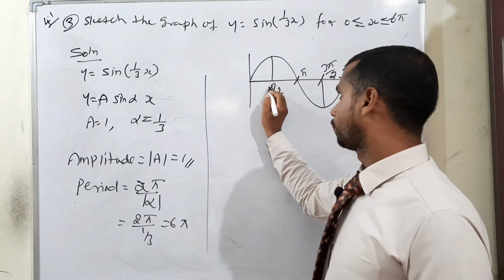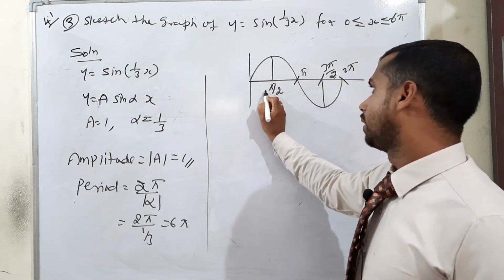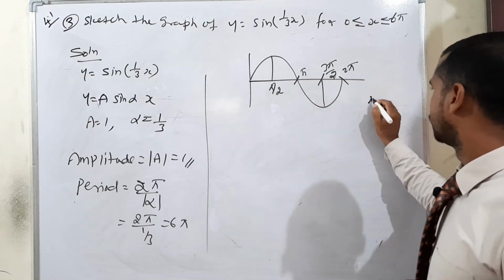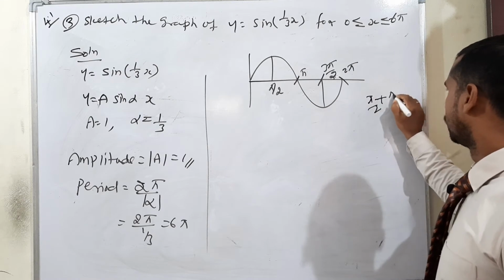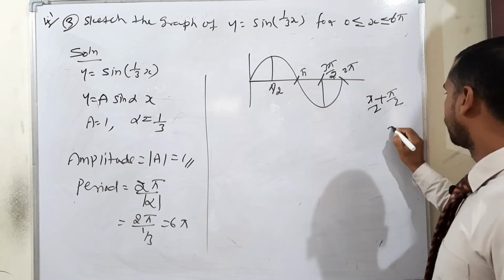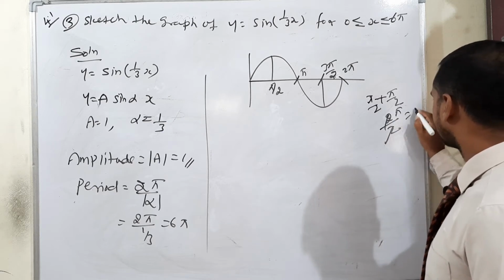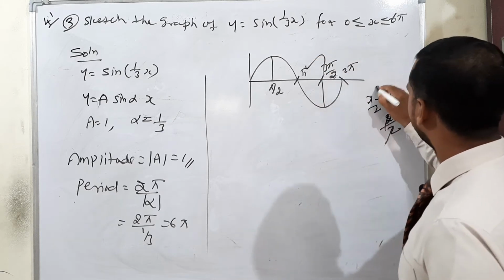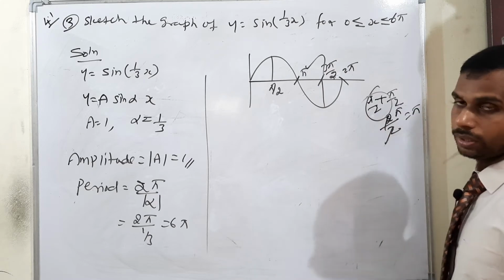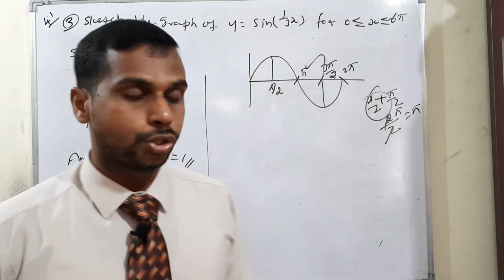So 0 to pi by 2, each and every distance is pi by 2. Next one, pi by 2 plus pi by 2 means, common denominator 2, pi plus pi, 2 pi, the 2 cancels, the value will be pi. So each and every distance, according to the difference, is only pi by 2, isn't it?